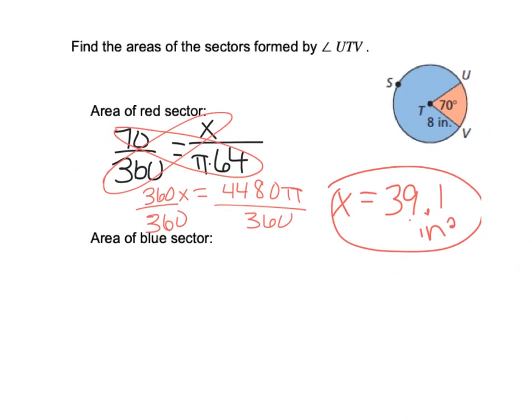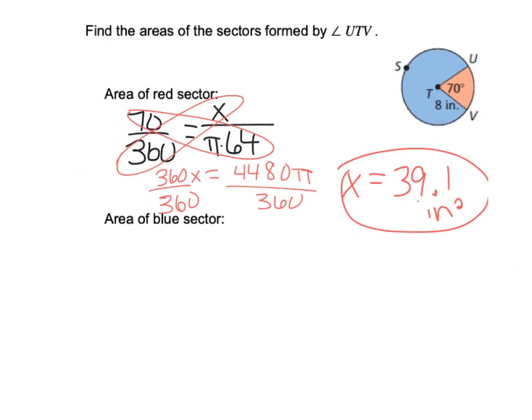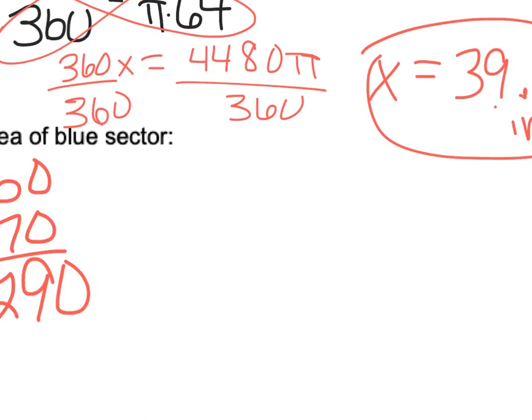There we go. The blue sector. Well, how do I know how many degrees that blue sector actually is? Well, I know a whole circle is 360 degrees. And the red sector is 70, so I know that the blue has to be 360 minus 70, which is 290. Okay, so I know that my blue sector is 290 out of 360.